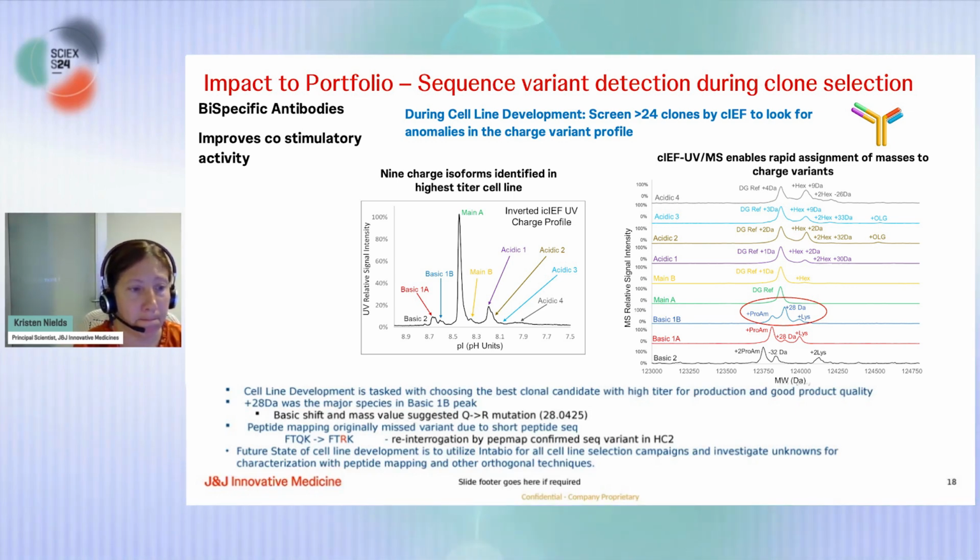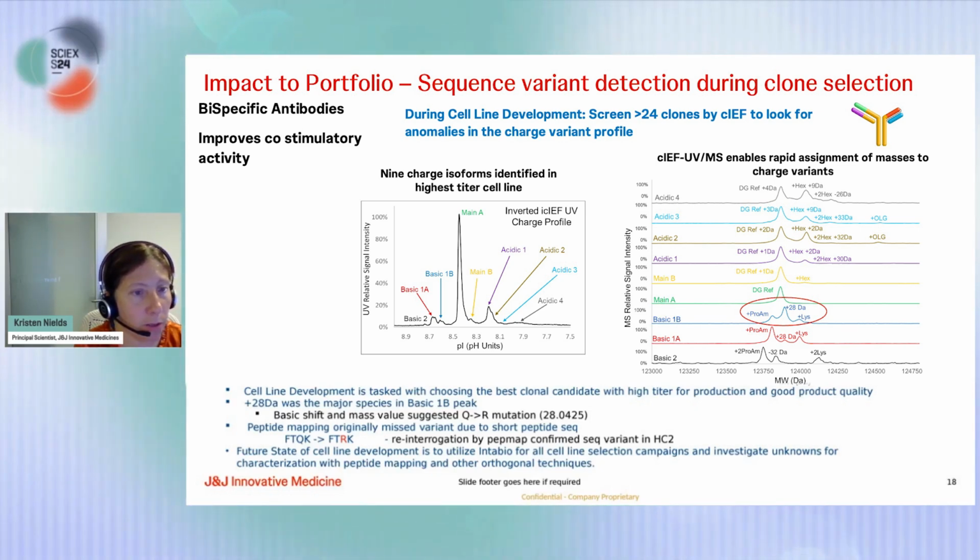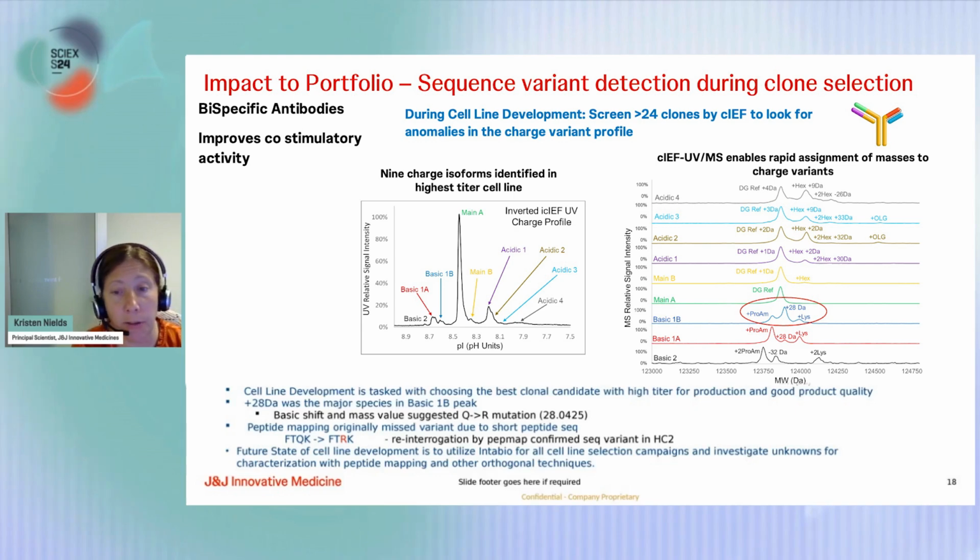So we said, okay, this is a really good tool that's picking out something. How can we better use this now downstream, going into all of our cell line selection? What we do now is we run all of our top clones through the Intabio system, and if there is an unknown peak, we try to capture that data immediately, and corroborate with peptide mapping and additional studies if needed, if they're still not aligning.